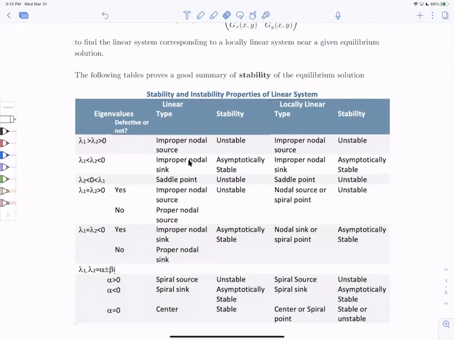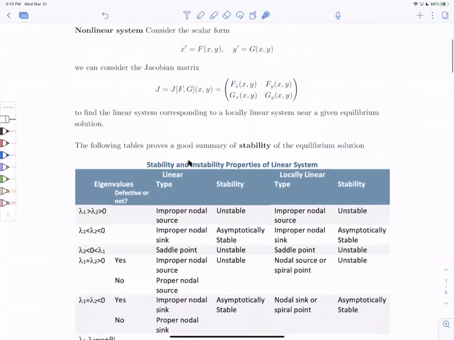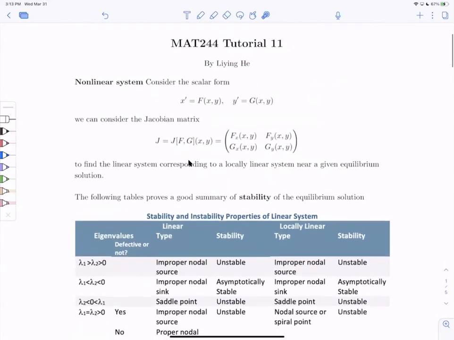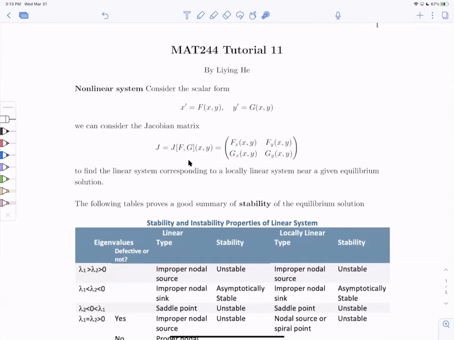Before we talk about the linear system, I gave you a table about linear systems, but now we're talking about when we have a nonlinear system, how we linearize it using the Jacobian matrix, how to determine stability, and how to classify your equilibrium solution. So that's our goal for today.